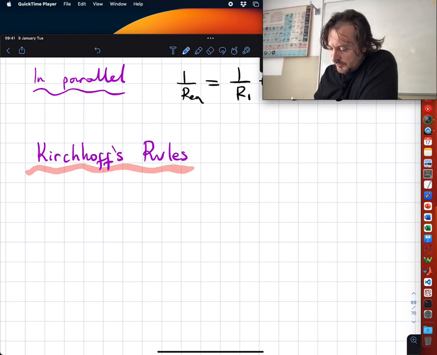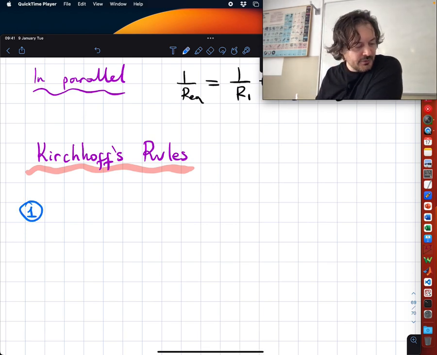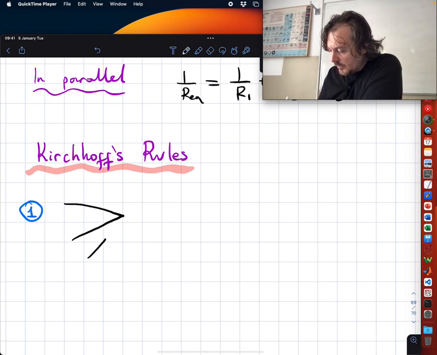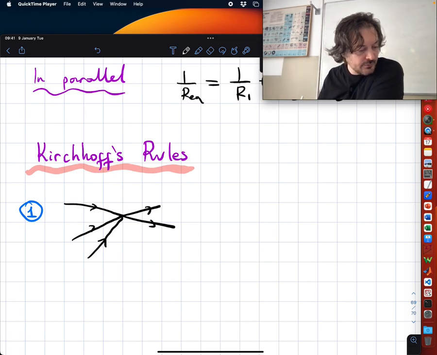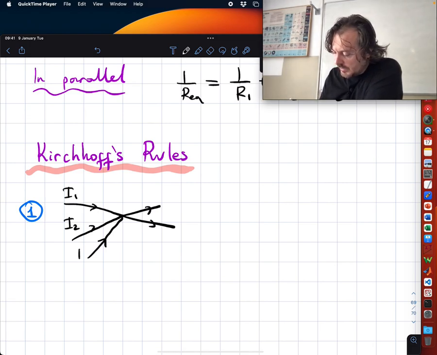Kirchhoff's first rule tells you that what goes in comes out. Very easy to remember. Let's say you have a node and there are ingoing currents and outgoing currents, right? I1 going in, I2 going in, I3 going in, I4 coming out, I5 coming out.